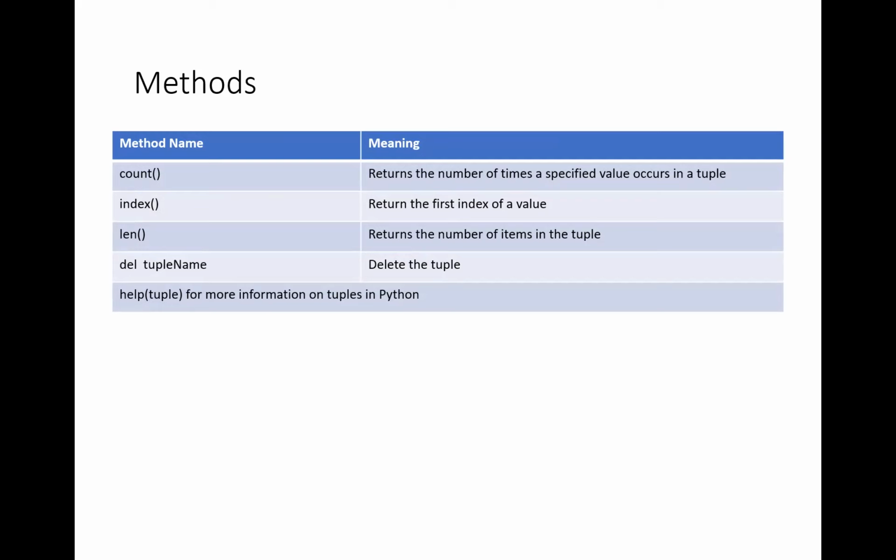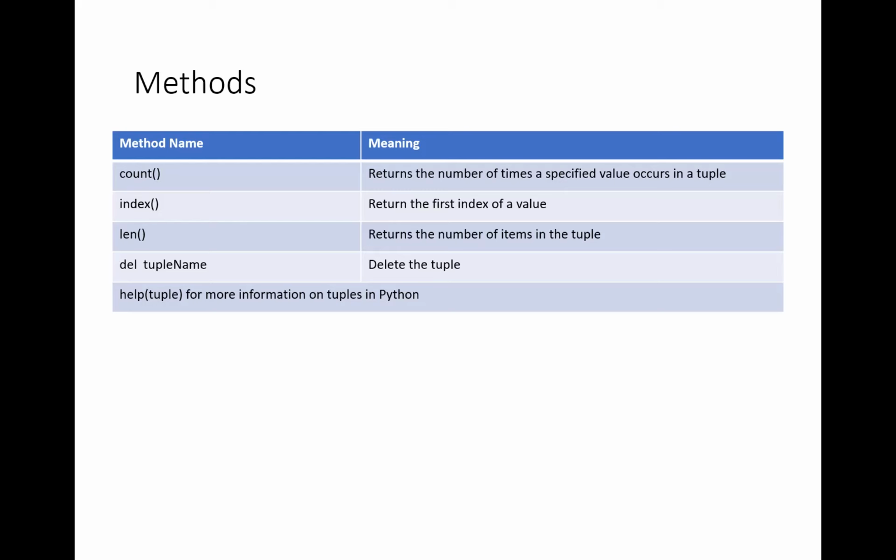Then length: you can use the length function to get the number of items in the tuple. And deletion, it says del. Remember, here you cannot individually remove items, but you can remove the whole thing. So that's what it says, del tuple name.